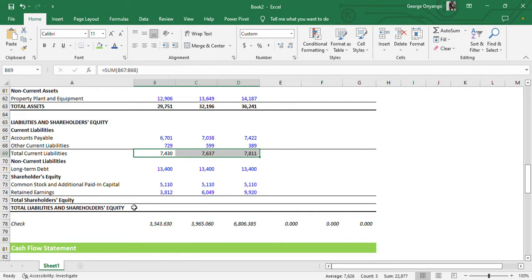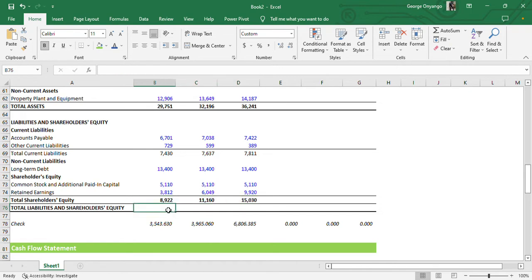So now to get the total shareholders' equity, it is equal to common stock and additional paid-in capital plus retained earnings. So that one you are going to do the sum, then just fill right, then you get the total shareholders' equity.